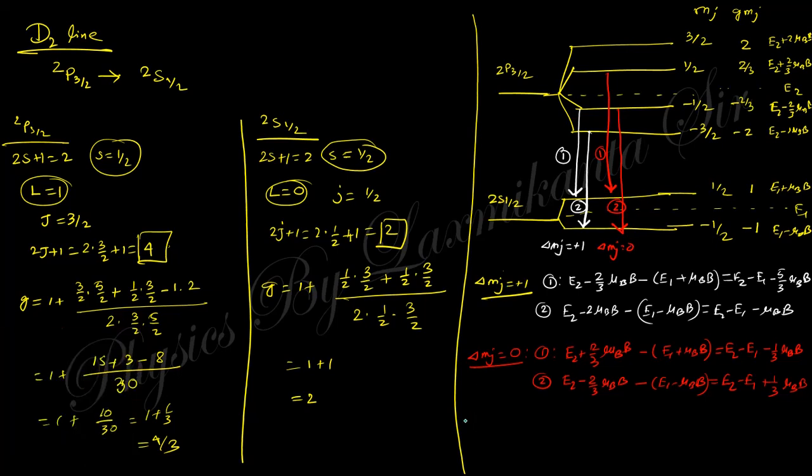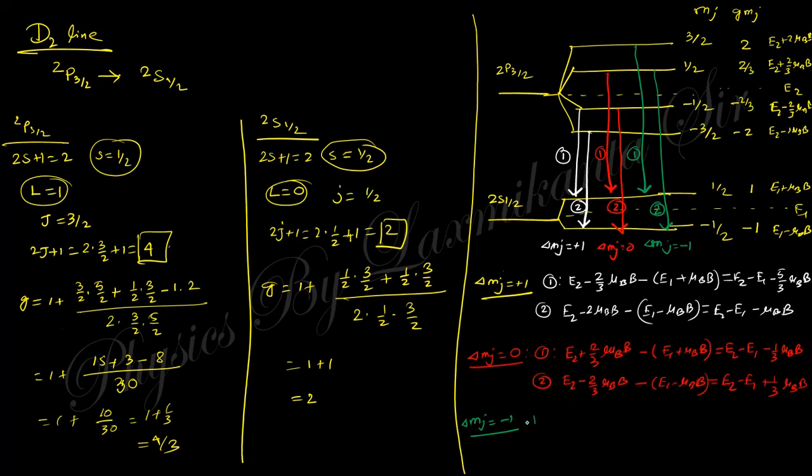Number 3 condition, delta mj equals -1. So -1 gives you 3/2 to 1/2, and 1/2 to -1/2. You will get delta mj equals -1, final minus initial. There are also two components, 1 and 2.